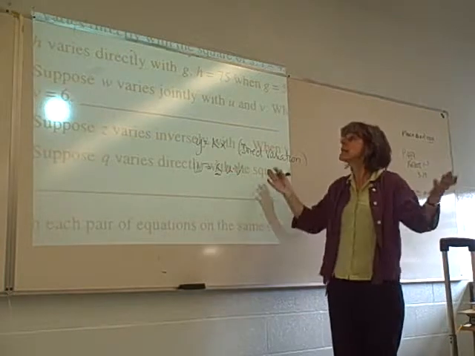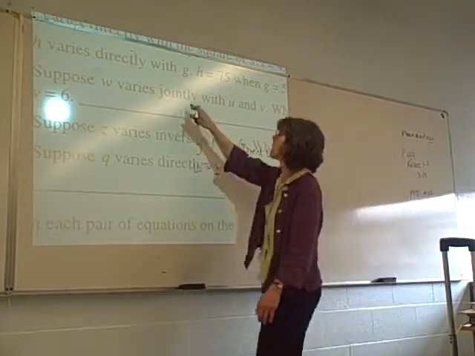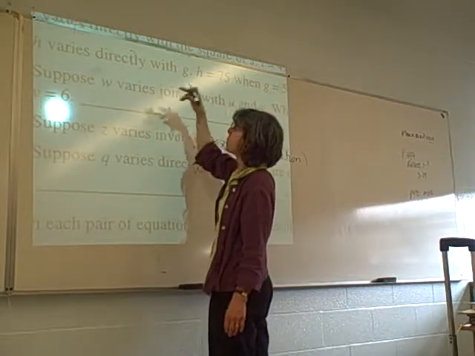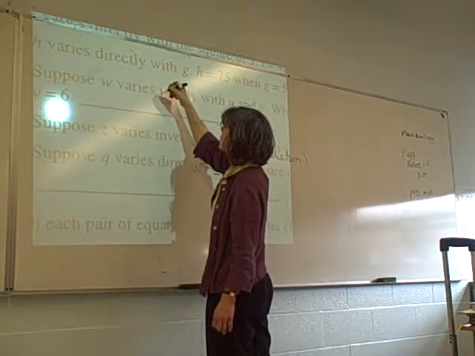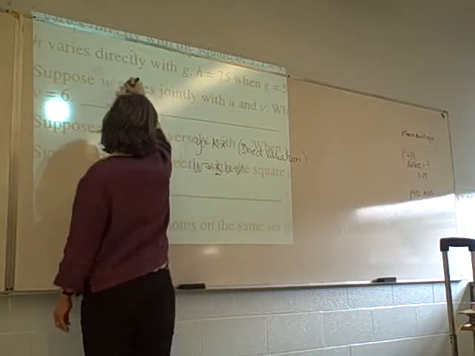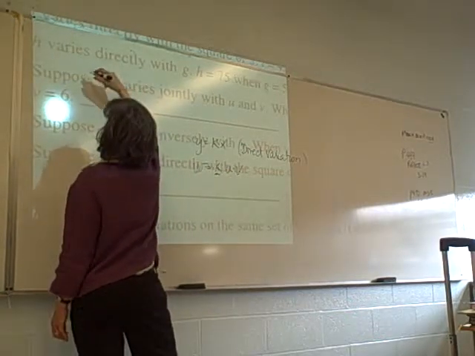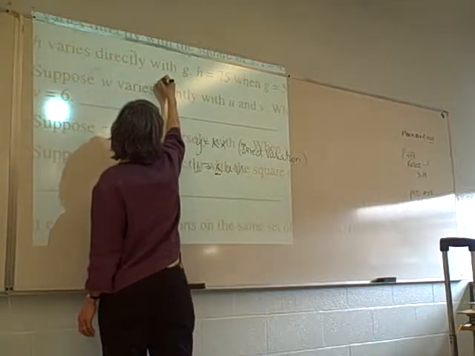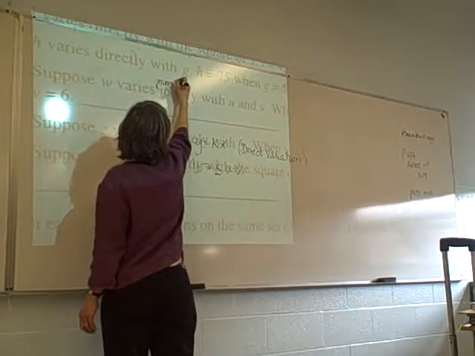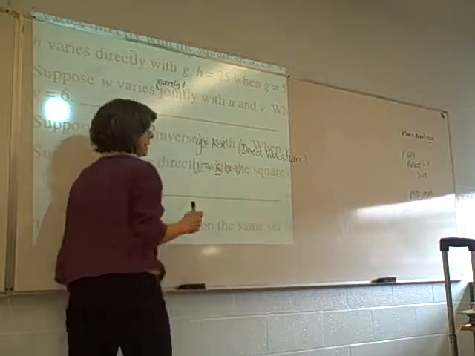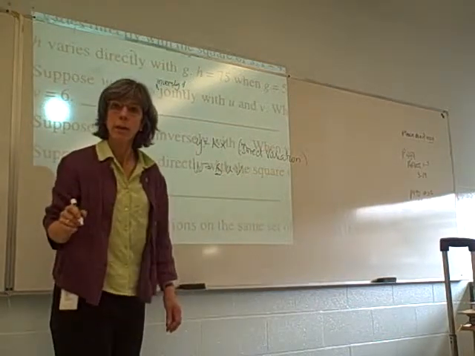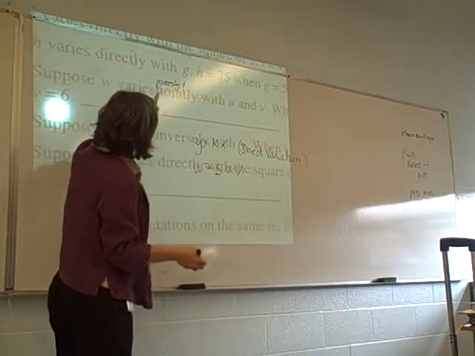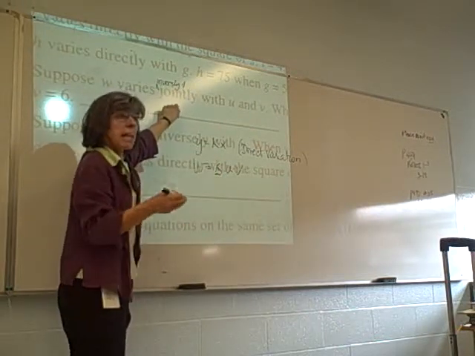Let's say W varies inversely and jointly with U and V. Okay, so it is inversely doing this together.